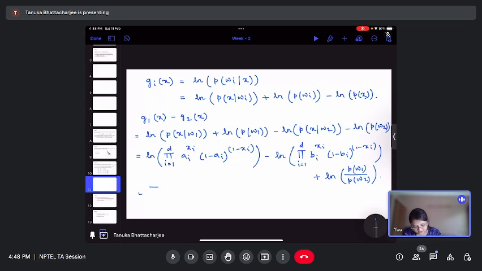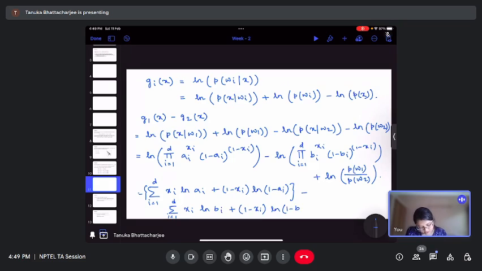You can simplify this, the product will become a sum: sum over i equals 1 to d of xi ln ai plus 1 minus xi ln of 1 minus ai, this is the first term, minus again sum over i equals 1 to d of xi ln bi plus 1 minus xi ln of 1 minus bi, this is the second term, plus ln of p(omega 1) by p(omega 2).